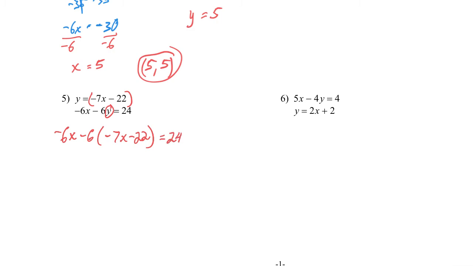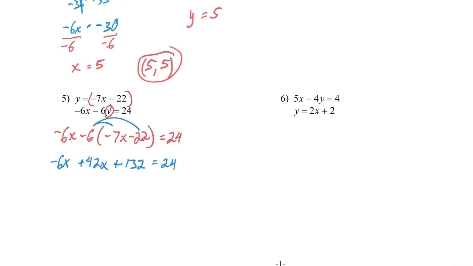And then I'm going to solve for x. So I'm going to take that negative 6, distribute it in there. So that's going to give me a positive 42x. And then negative 6 times 22. It's going to be a positive because it's double negative, 132. So I'm going to drop the negative 6x at the beginning, drop the equals 24.